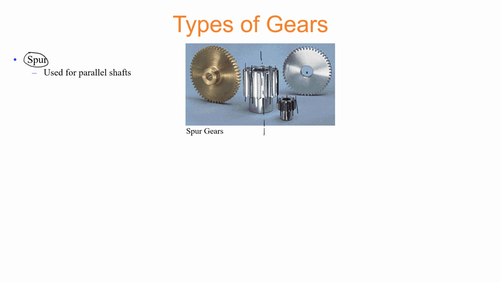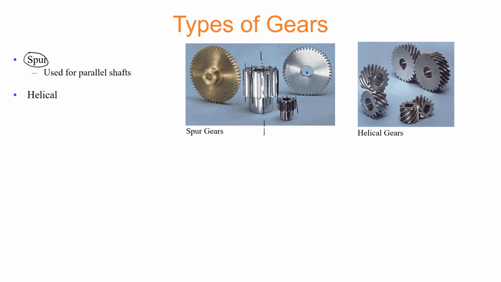Now the other type of gears is what we call helical gears, and these have been shown in the second figure just flashed in front of you, and you can see that appearing like in a helical fashion.